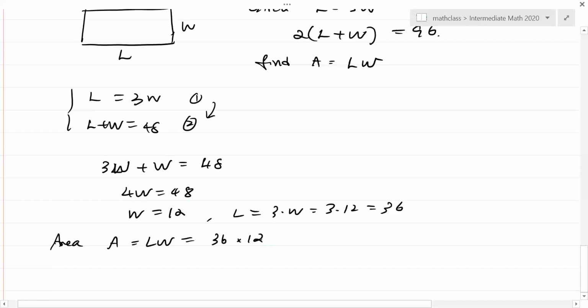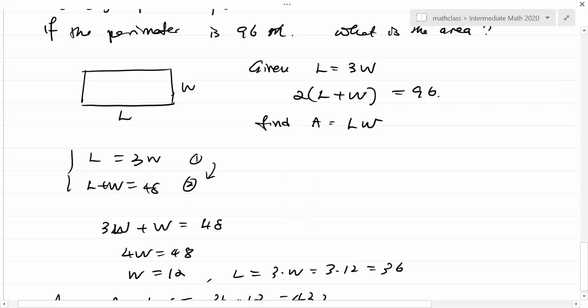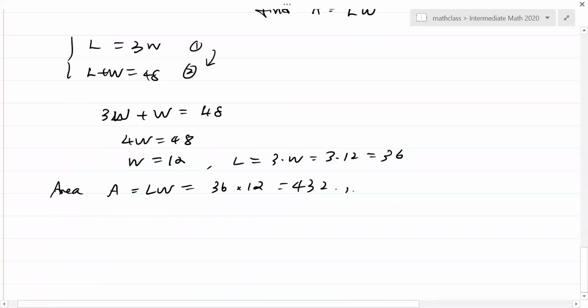Let's double check again. Yes, it's 432. Don't forget the units. What units do we have? Meters, so square meters. Okay, so those are about rectangles.